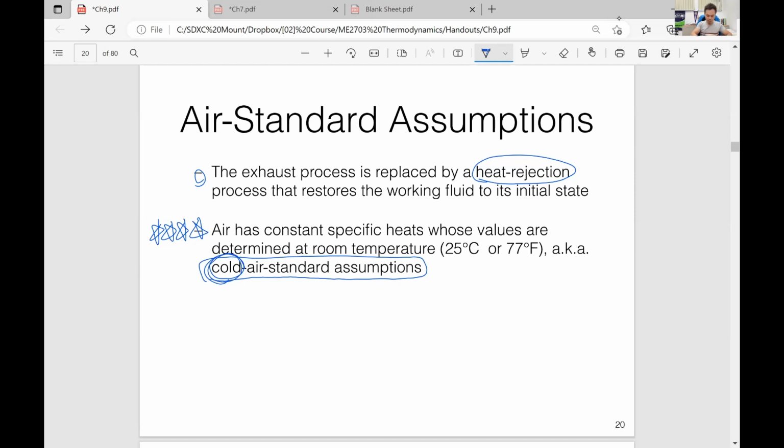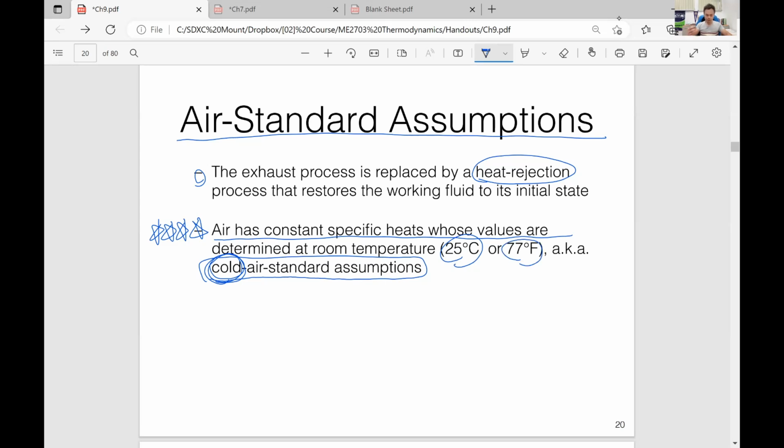So there's a "cold" in the name, and for the air standard assumption, there's no "cold." With or without "cold," there's a very big difference, and the difference is this: air has constant specific heats whose values are determined at room temperature. We define the room temperature as 25 degrees C or 77 degrees F.